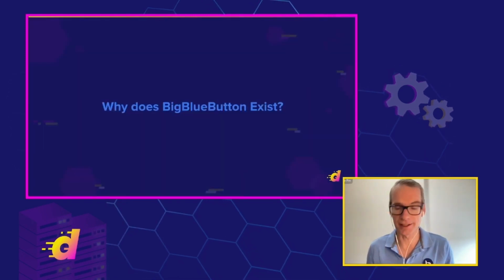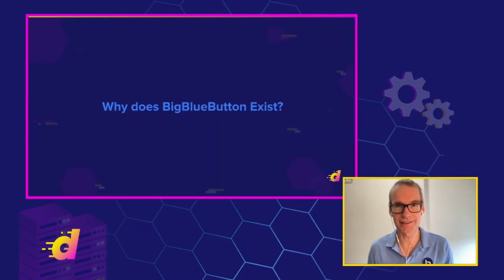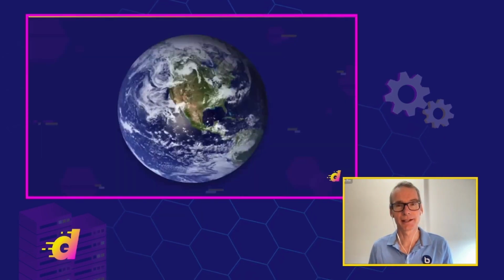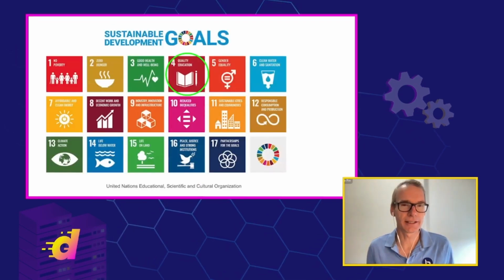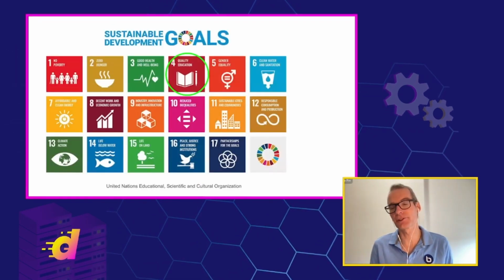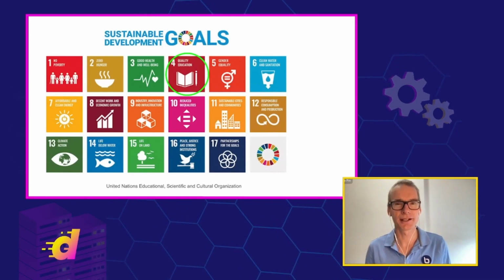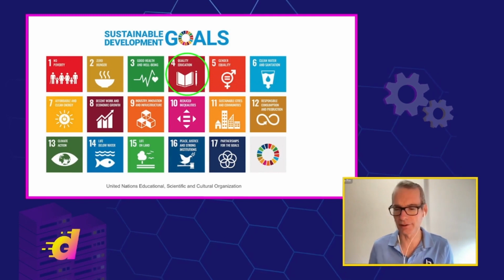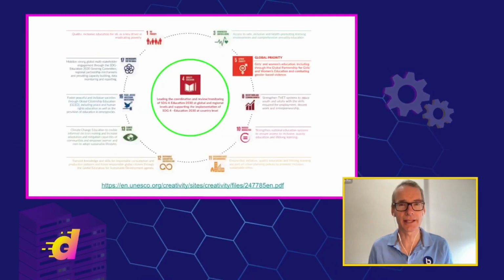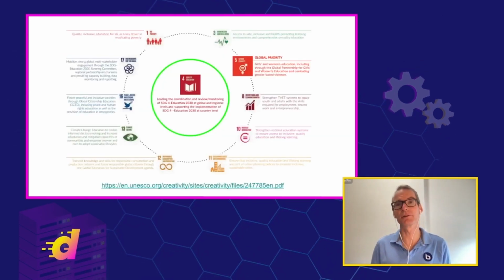So that's the software and what it does, but why does it exist? There's only one of these. That's our planet, and we are all on it. And if you look at the United Nations Educational, Scientific, and Cultural Organization, the UNESCO goals, there's 17 goals for sustainability. Quality education is the fourth one, and it actually underpins a lot of the other goals.